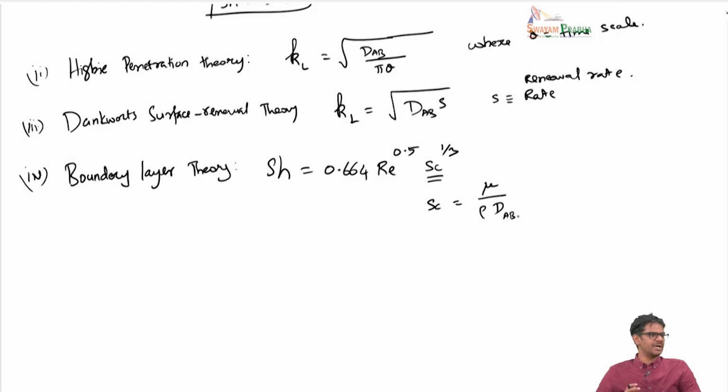This is very similar to the Prandtl number used in heat transfer. An equivalent expression that you might have studied in heat transfer is the Nusselt number written as 0.664 Reynolds number to the power 0.5, Prandtl number to the power 1/3. This is valid for laminar flow.